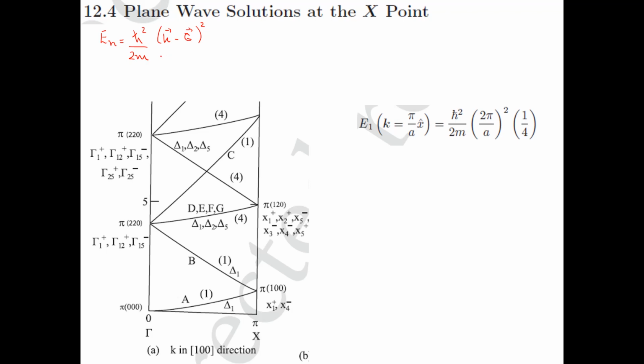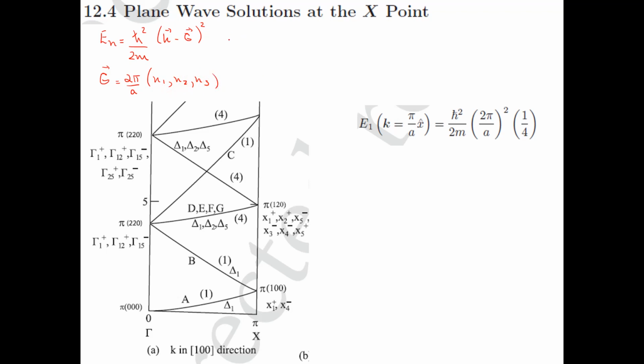And so the G vectors for a cubic lattice are simply that, where n1, n2, and n3 are integers.